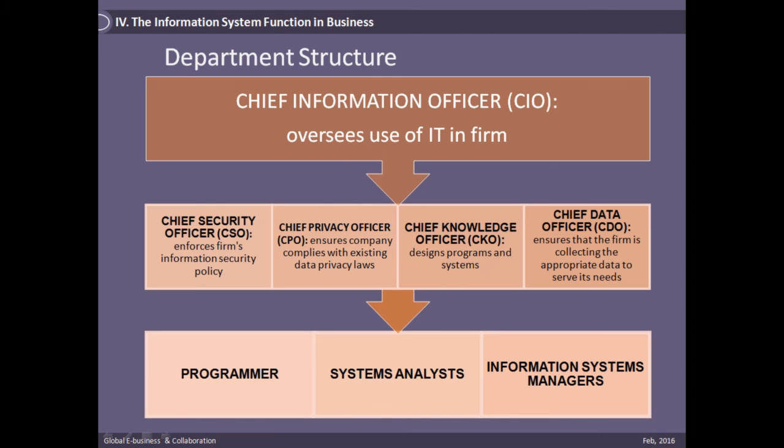It is the system analyst's job to translate business problems and requirements into information requirements and systems. And information system managers are leaders of teams of programmers and analysts, project managers, physical facility managers, telecommunication managers, or database specialists. There are also managers of computer operations and data entry staff.